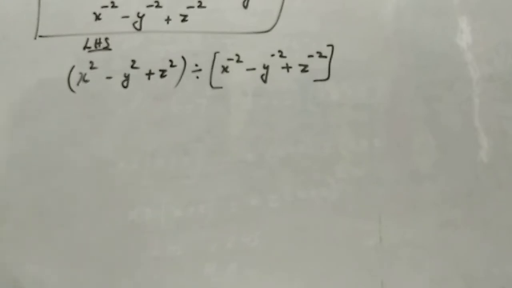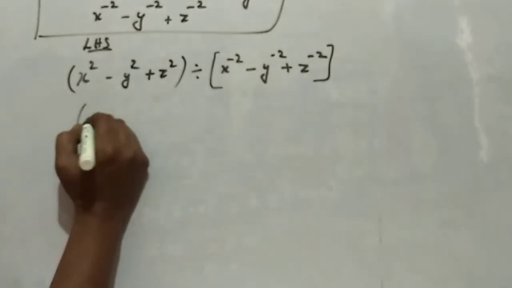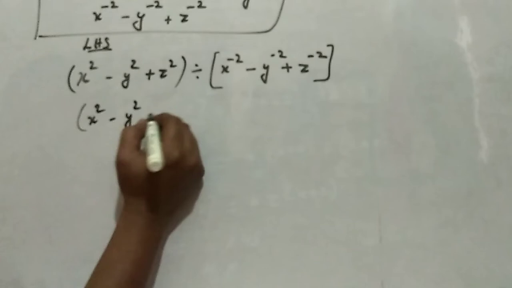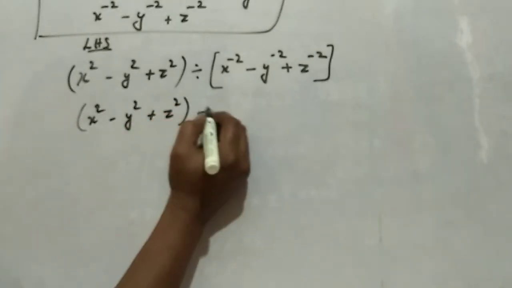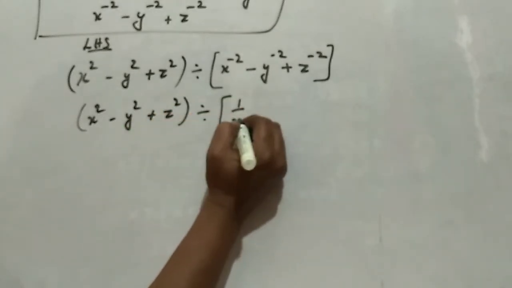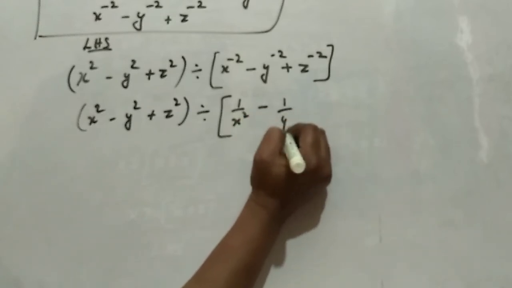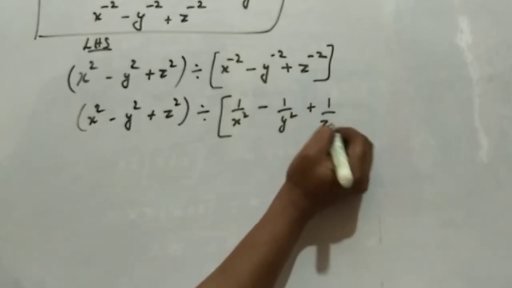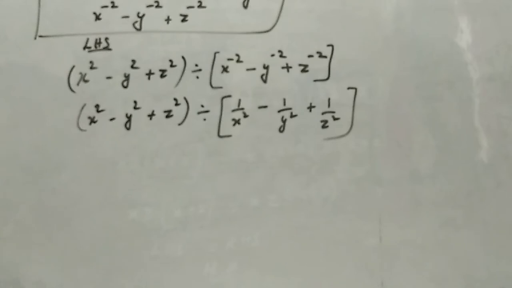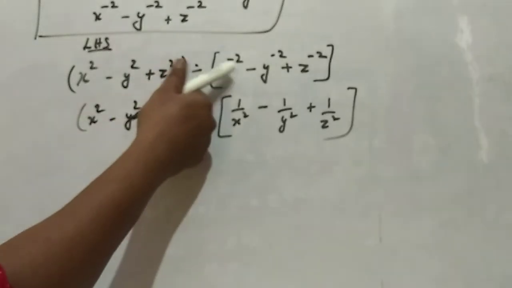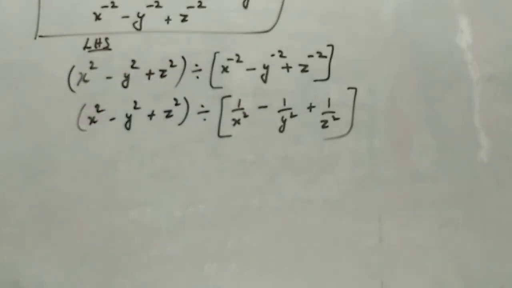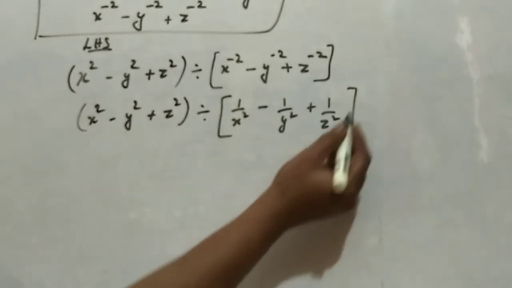Clear? I am taking the left hand side. Now, (x² − y² + z²) divided by (1/x² − 1/y² + 1/z²). Minus power means we have to write in reciprocal. Now we have to take LCM for this.